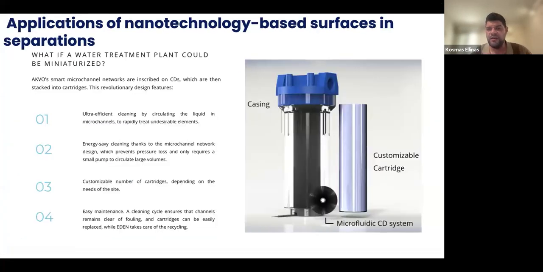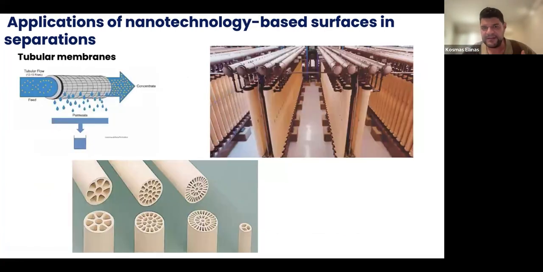And of course, new systems have been developed using this kind of technologies. Here we have a filter that can make separations in microfluidic CD systems that are stuck together and have very large yields.